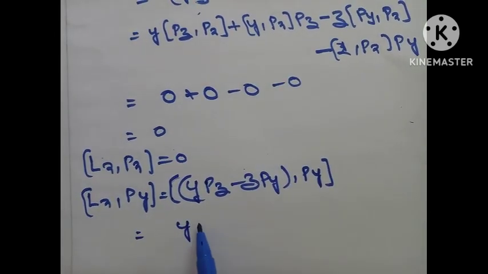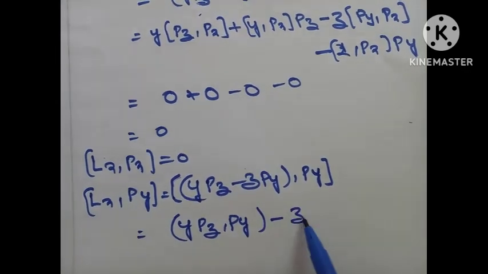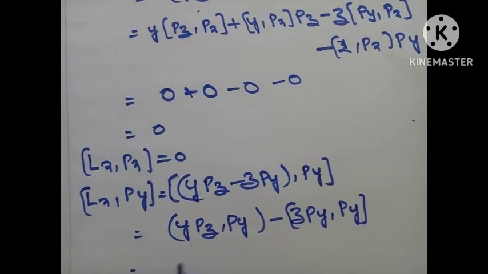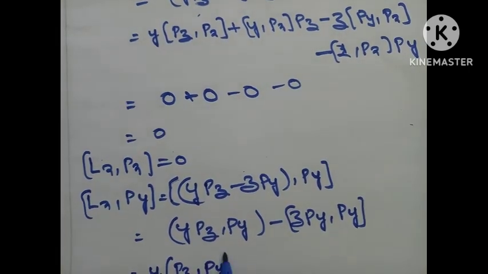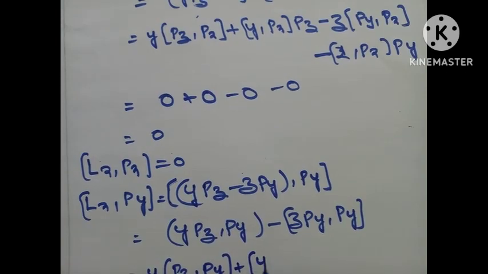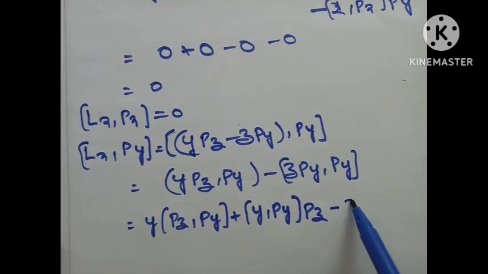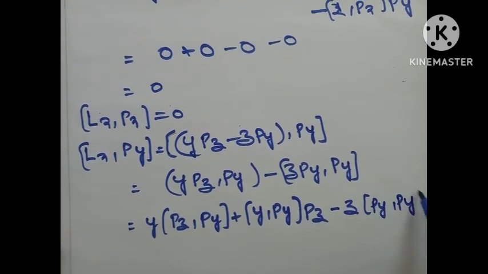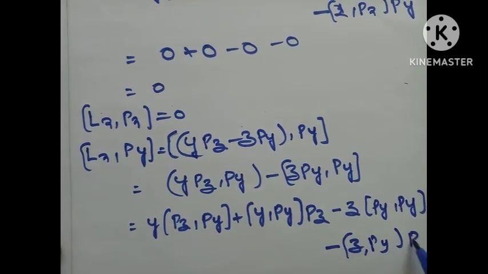So separating the terms, ypz comma py minus zpy comma py. Now separate the terms, ypz comma py, okay, plus y comma py into pz. Okay, so minus, here I am writing this one as z into py comma py minus z py into py.